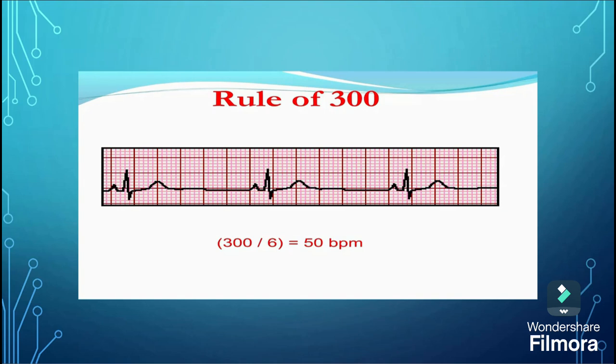So 300 divided by 6, that is the number of large boxes, gives approximately 50 beats per minute as the heart rate. So I will repeat the rule of 300: you take two QRS complexes, count the large squares in between them, and divide 300 by that number. So 300 divided by 6 is equal to 50 beats per minute.